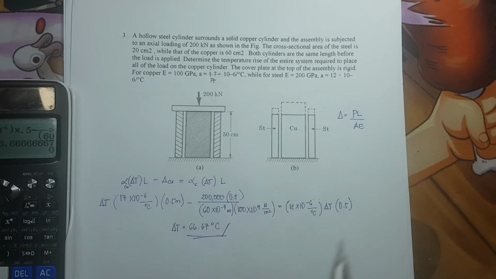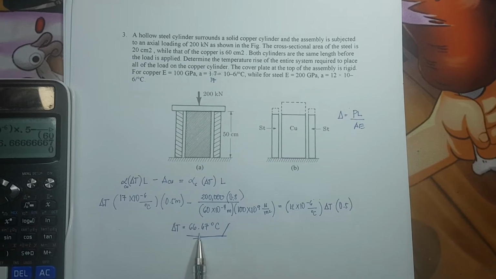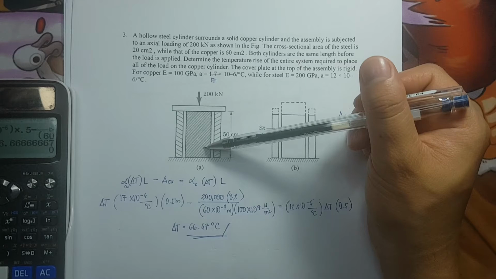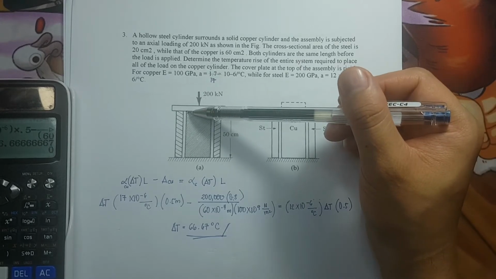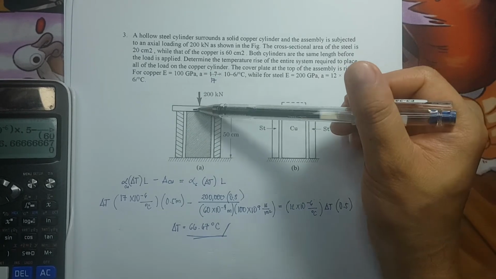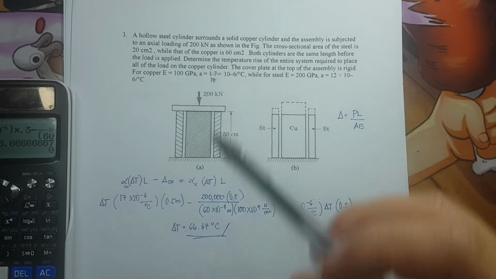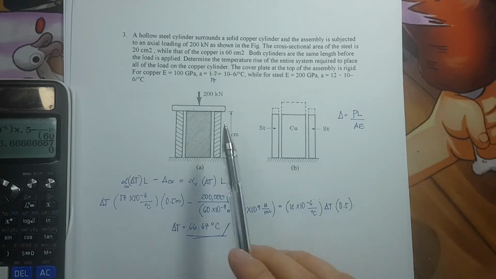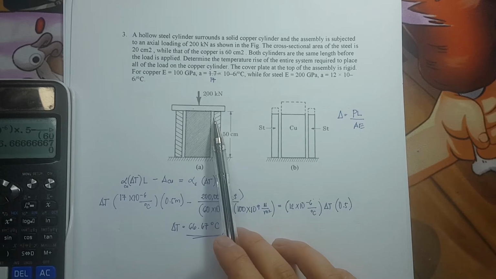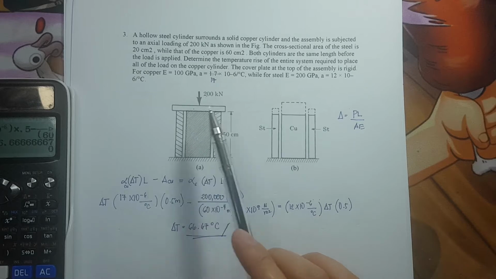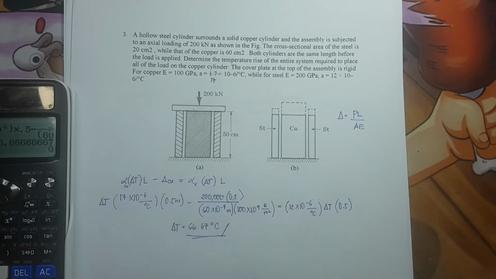So you need to increase your temperature to 66.67 degrees Celsius so that the copper, the cylindrical copper, will be carrying the 200 kilonewton load. And our steel will just be before the 200 kilo, the height of the copper.